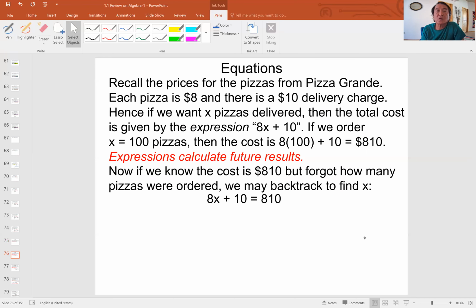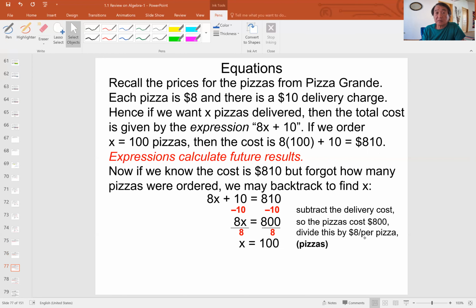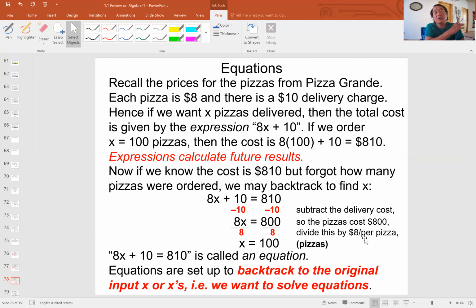And the question here is what is the input? We backtrack: take away the $10 delivery charge. Then each pizza costs $8, so divide the 800 by 8, and I can backtrack the x: we ordered 100 pizzas. In other words, I use an equation to backtrack the input for the known output. If I know the result, what was the input that makes this come out true?